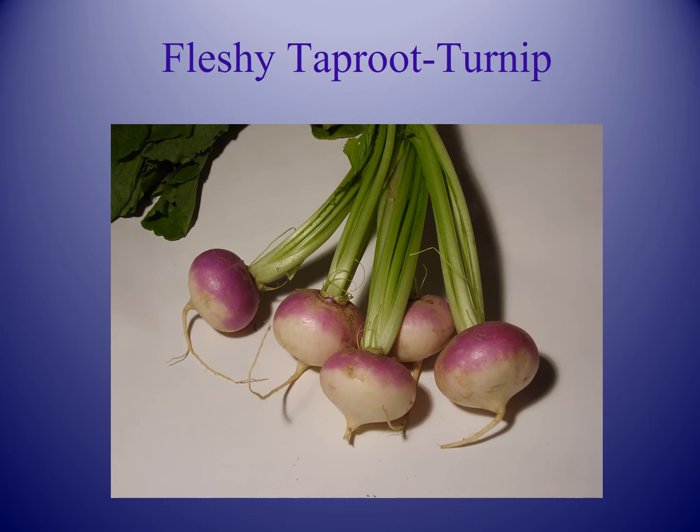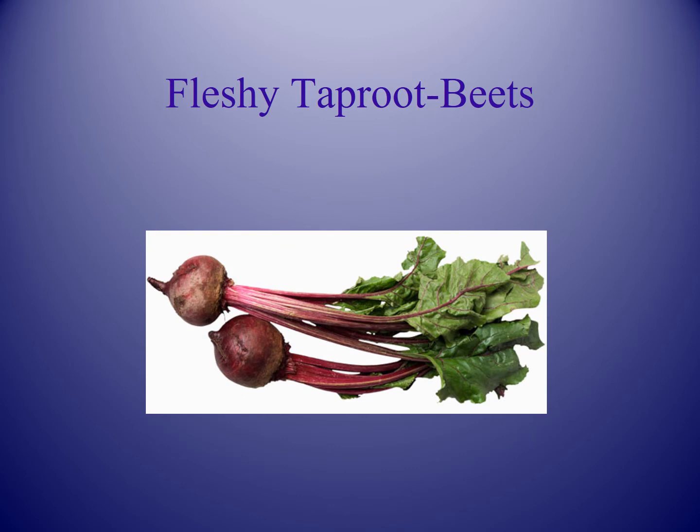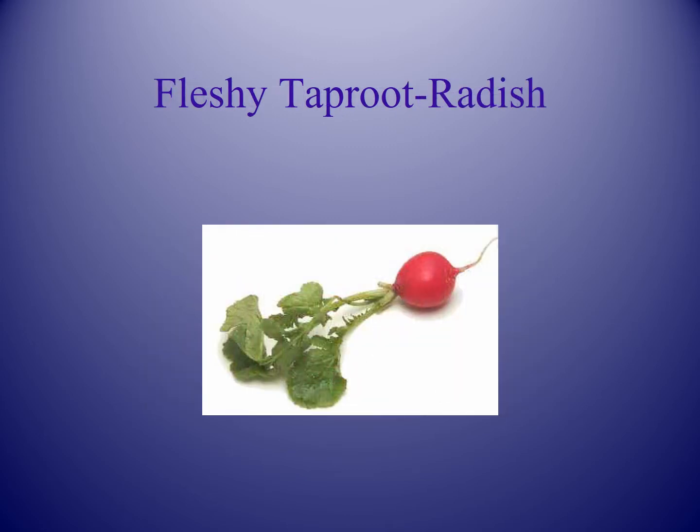Plants that make tuberous roots will have a cluster or a clump of tuberous roots per plant. Sugar beets are fleshy taproots. Beets are another example of fleshy taproots. And of course, radishes as well.